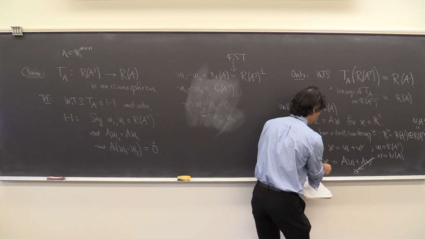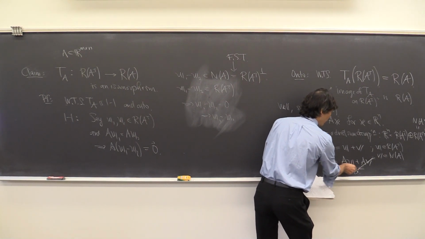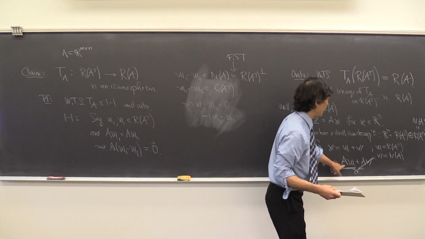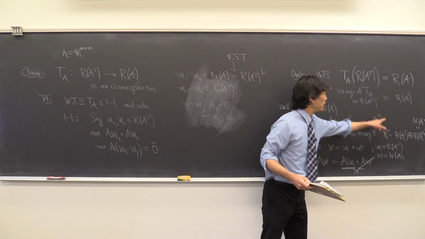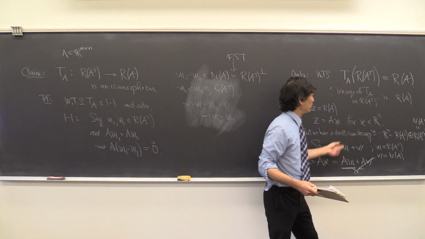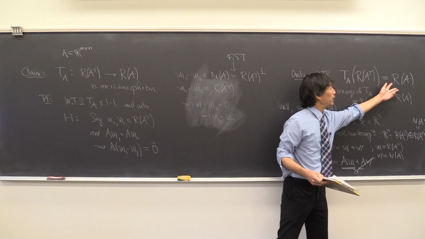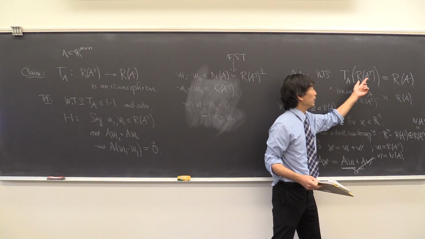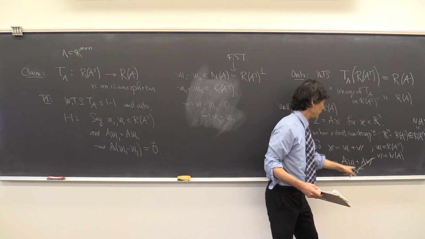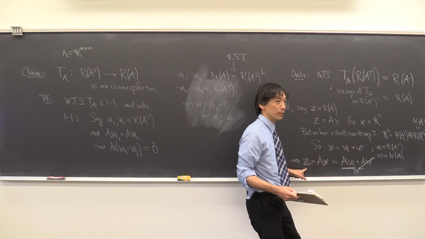So what does that say? We started off with something in the range of A, and we found something in the range of A^T such that A of U is that guy.